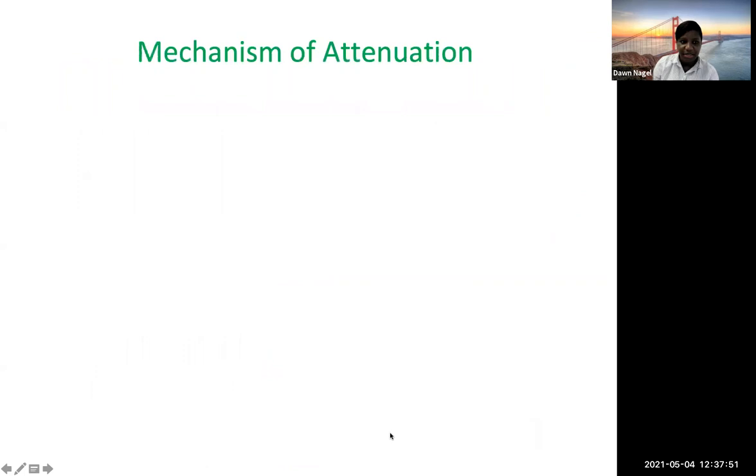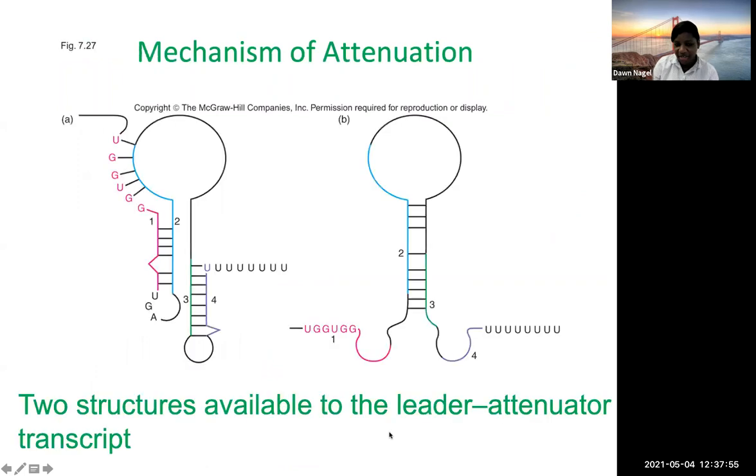And the way that this termination works is, as with any termination signal that we discussed previously, you need to have an inverted repeat and a string of T's, right? Depending on the mechanism, because we talked about rho-dependent and rho-independent mechanisms.